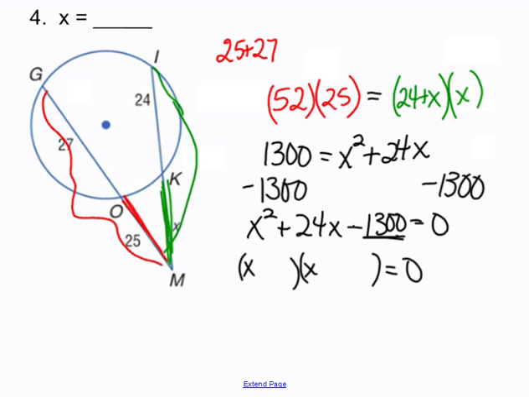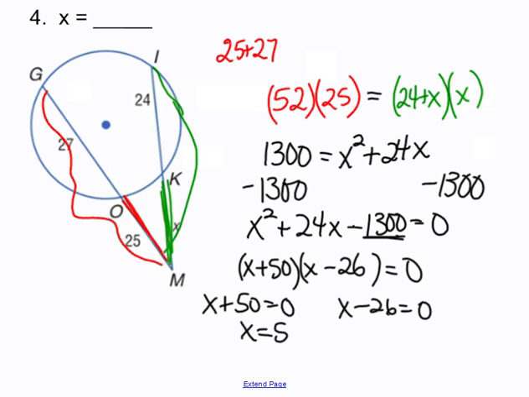When I did the math, I figured out that it's going to be 50 and negative 26. So now we set these both equal to 0. x plus 50 equals 0, and x minus 26 equals 0. Then I get x equals negative 50, and x equals 26. It can't be negative, it's got to be 26. So x is 26.